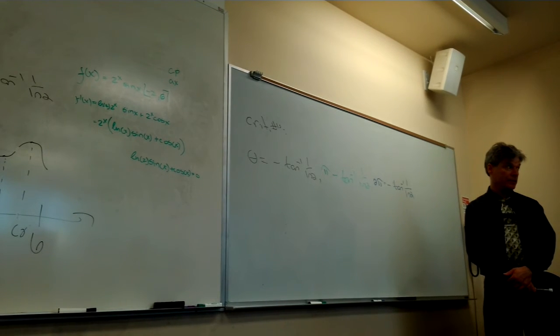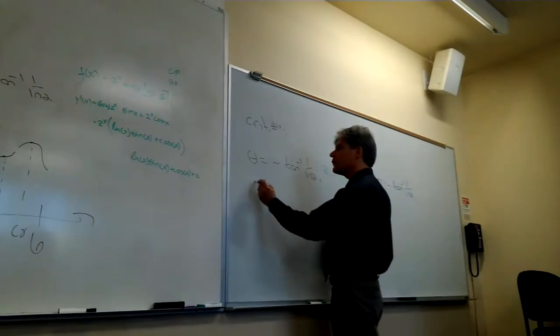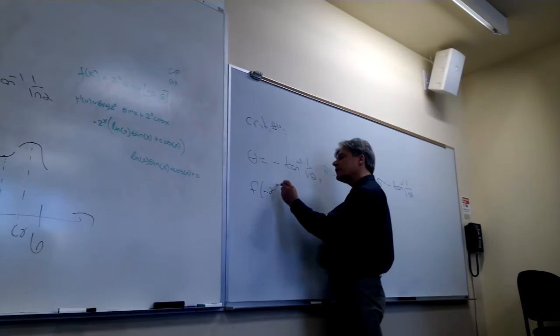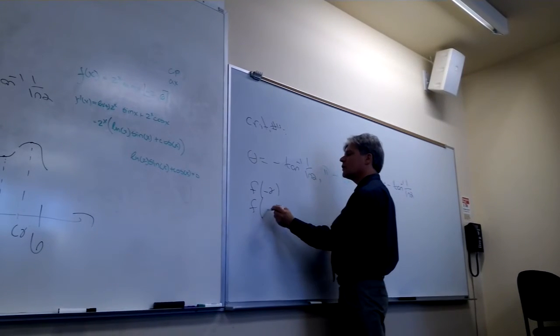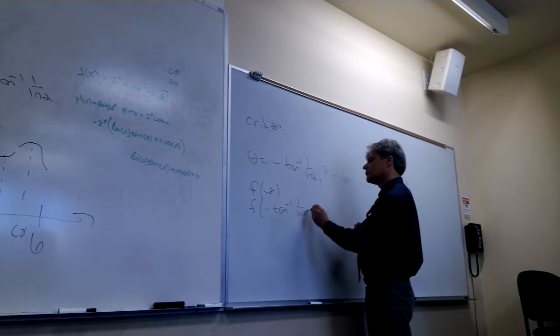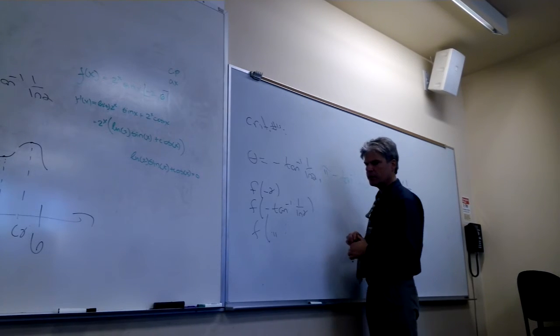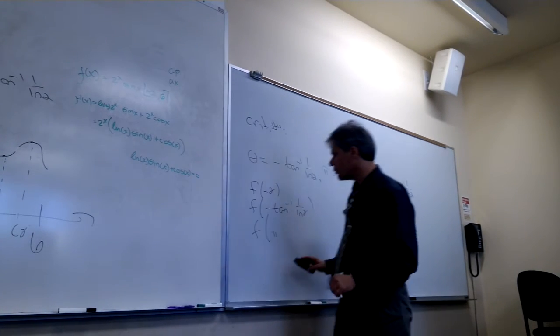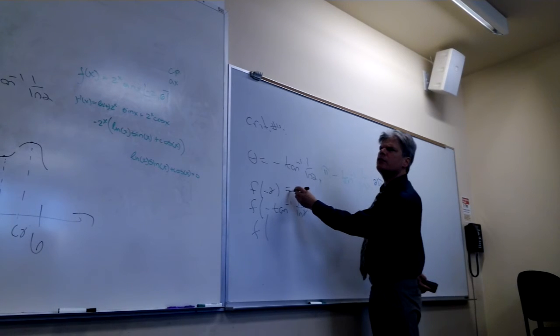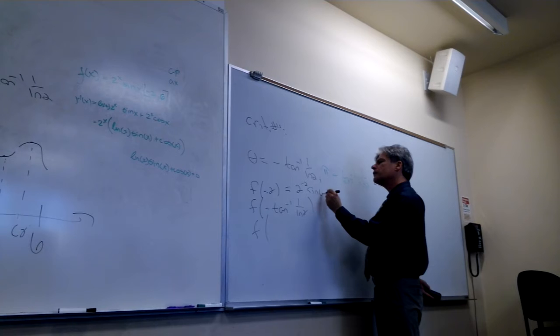The endpoints. Yes. So I think I need to take my original function f, evaluate at the left endpoint, evaluate at any critical number in between, like these three. F of -2 is 2 to the -2 times the sine of -2.